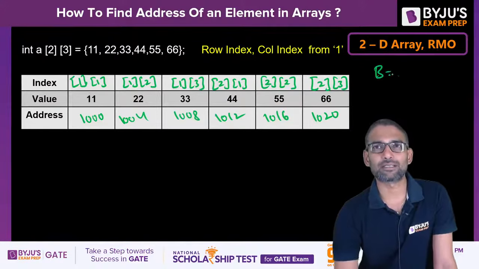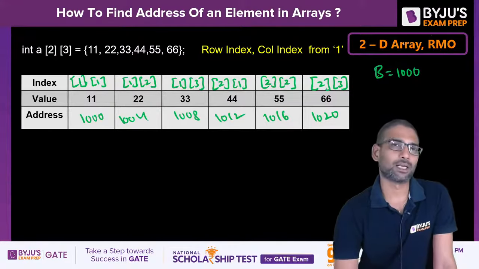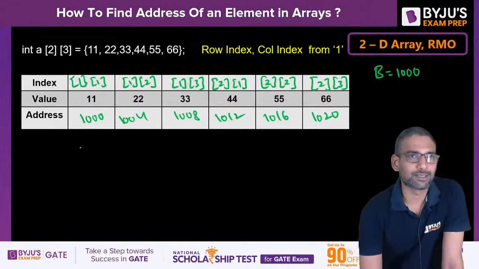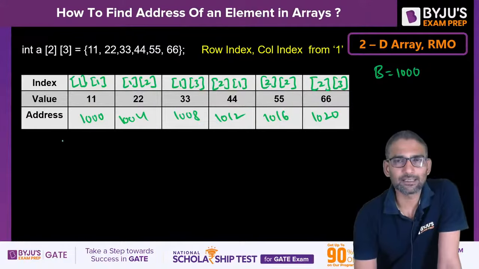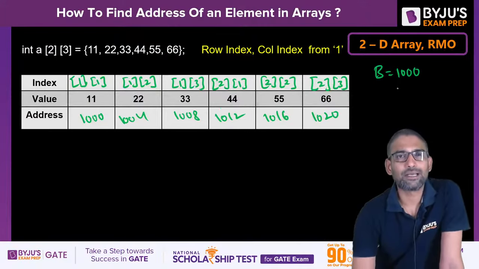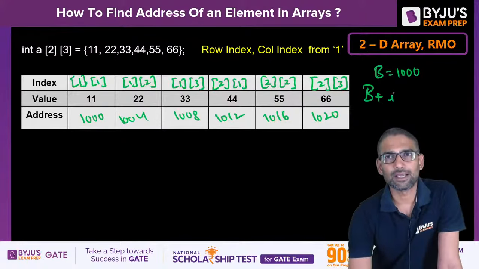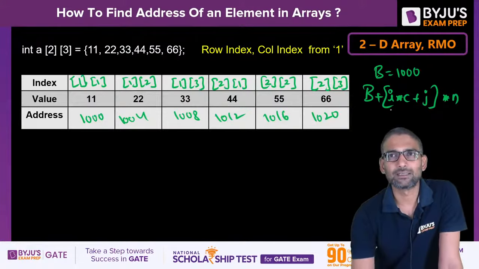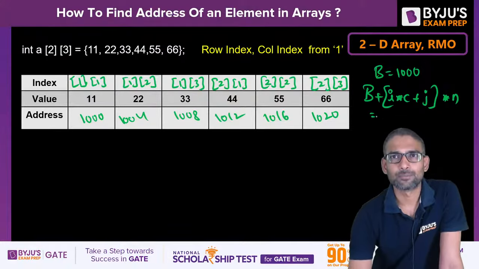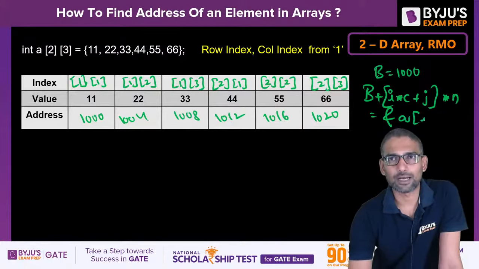I am taking base address as 1000. Okay. Now, you please observe here. If I take the formula base address plus I into C plus J, whole into N, this is for the address of A of ij.